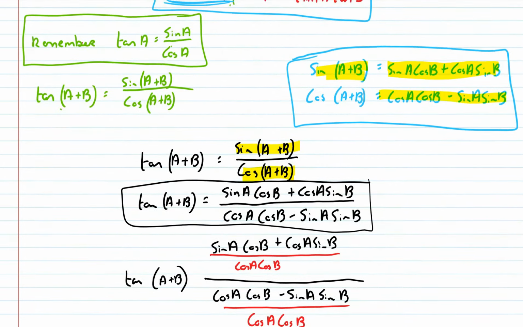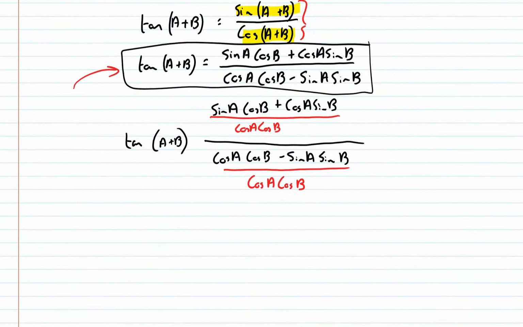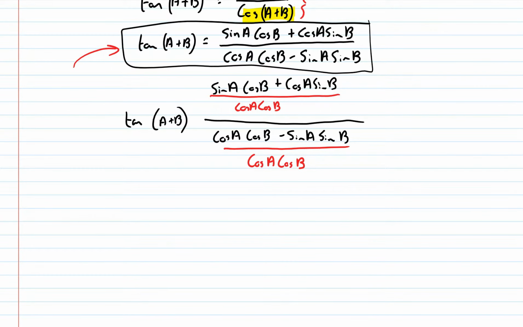So if we go back, just see what I've done. I have my tan(A + B). I can rewrite that as this. I can rewrite that then as this using this information. I write it out, but I give myself a bit of space. Why do I give myself a bit of space? So I can divide the numerator and the denominator both by cos A cos B.